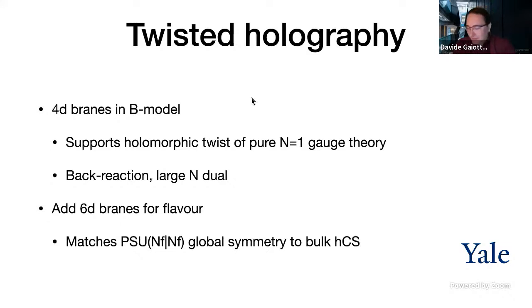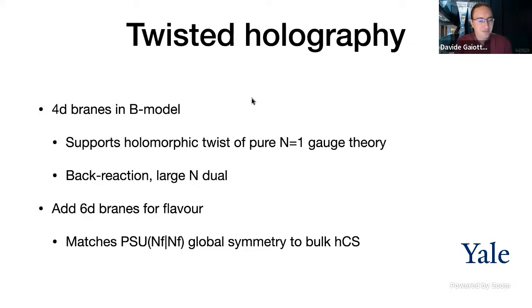There is a perfectly mathematically well-defined proposal where you take the holomorphic twist of, say, pure U(1) gauge theory, and you compare it with the topological B model, the B model topological string, in a certain background.